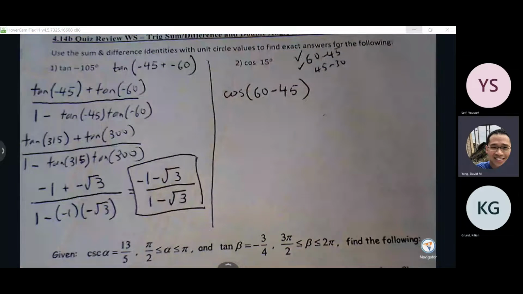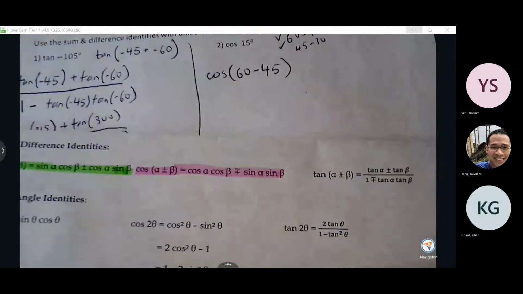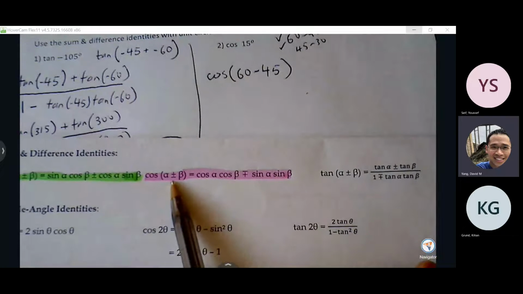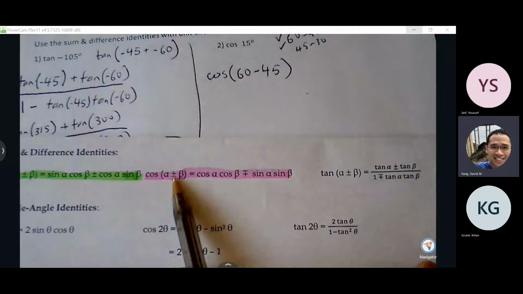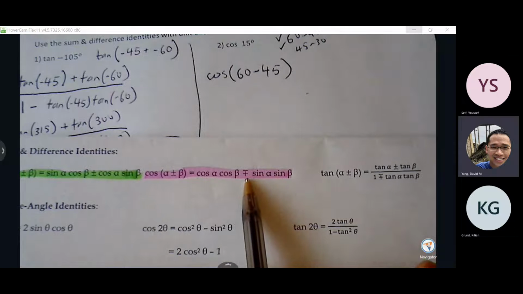Okay, so this one is a difference identity. So cosine of A minus B, we now want to take the bottom operation. That's going to spell out to be a positive on the right side.